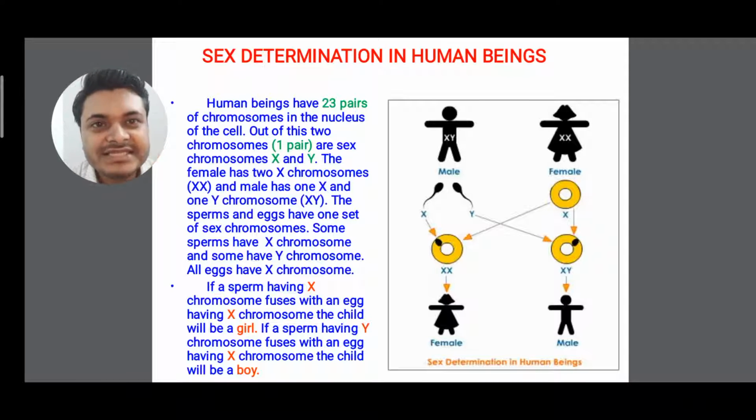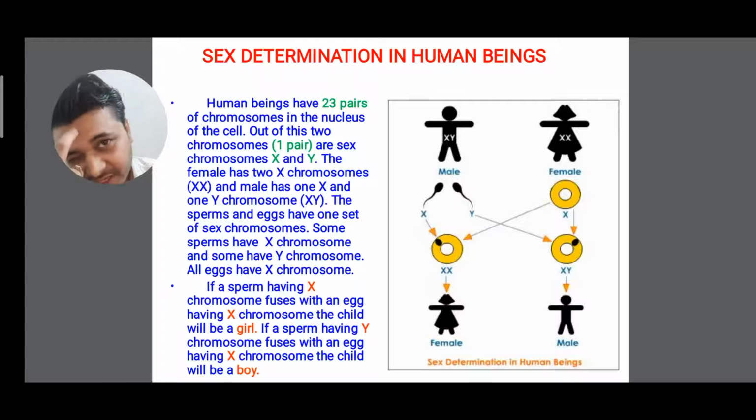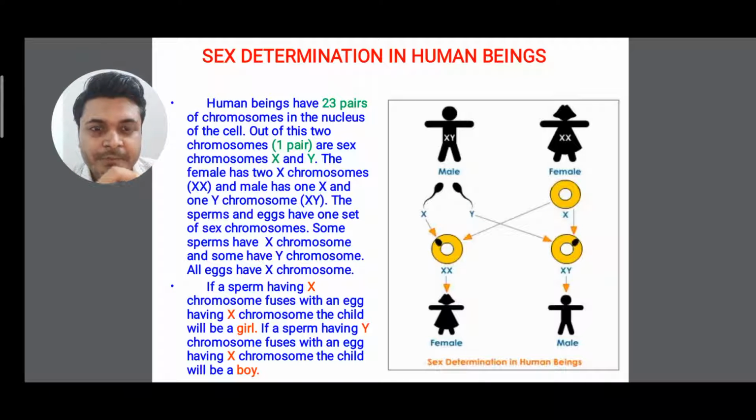If an X gamete from a male and an X gamete from a female unite, the baby produced will have sex chromosomes XX, that is a female individual. But if a Y gamete of male and an X gamete of female fuse, it will form XY, so it will form a male individual.